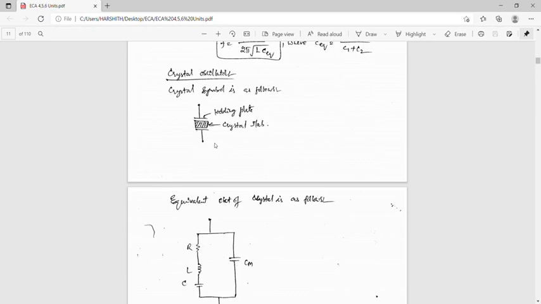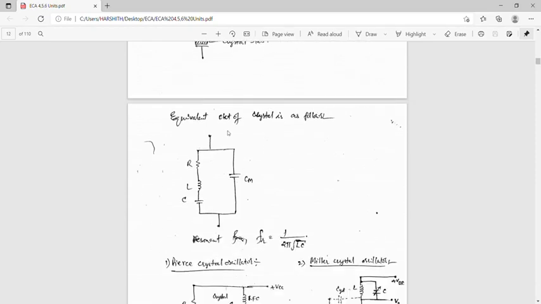The slab is mounted between two metal plates. The metal plates are called the holding plates as they hold the crystal slab in between them. Holding plates, crystal slab. And this is the equivalent circuit of the crystal.